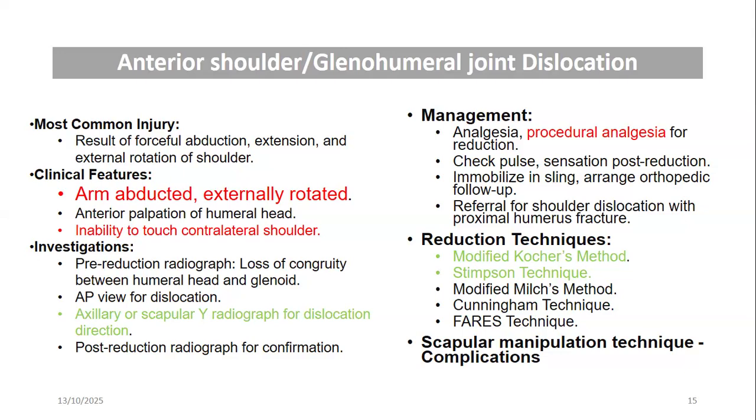There are chances that the axillary nerve can be damaged. So you must also know the axillary nerve supply, as they can ask in the question. What is the sensory supply and motor supply? First, tell me the motor supply. Which muscles are supplied by the axillary nerve?